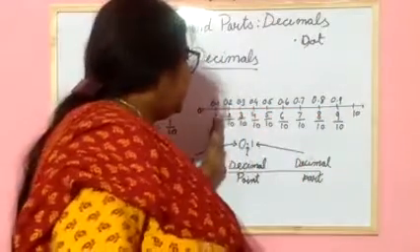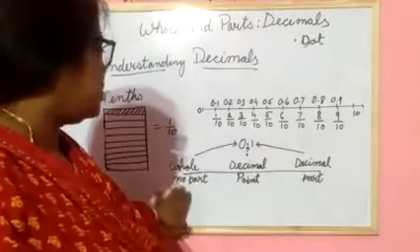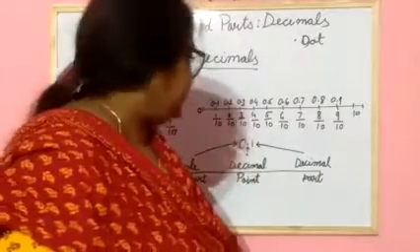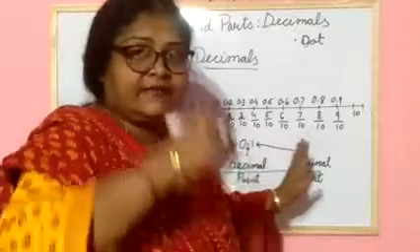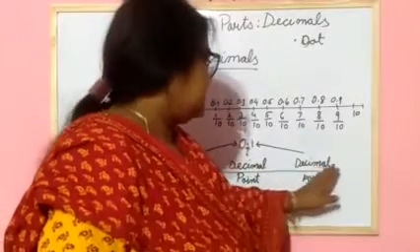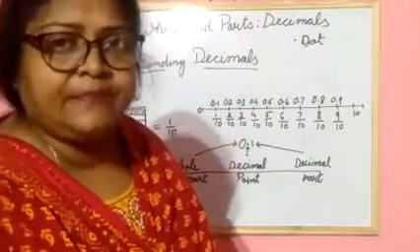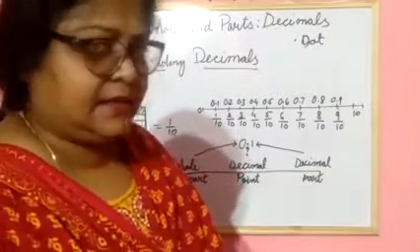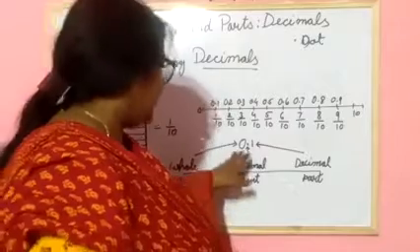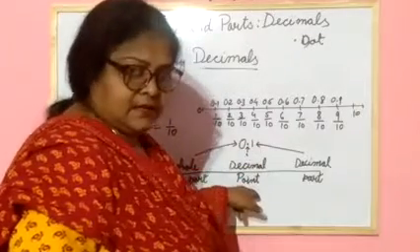The number which is on the left side of the decimal is known as the whole number part. The number on the right side of the decimal is known as the decimal part. Clear? Now this point is known as the decimal point.